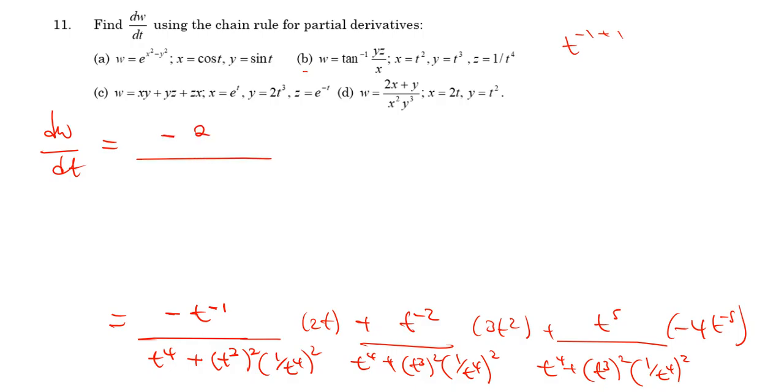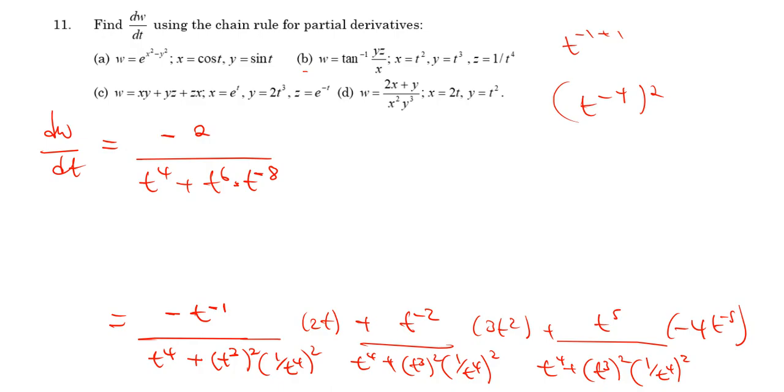Then divided by, now I can evaluate what's there. So you have t to the fourth, then t cubed to the power 2, so that's going to give us plus t to the sixth now. Then you have 1 over t, so I can write that as t to the negative 4, then distributing the 2 there gives me negative 8. So I'm multiplying this by negative 8 like that. Then I do the same here and this one here.